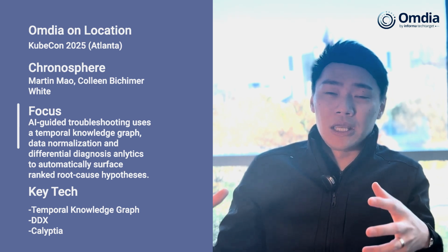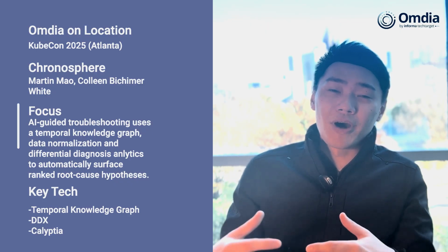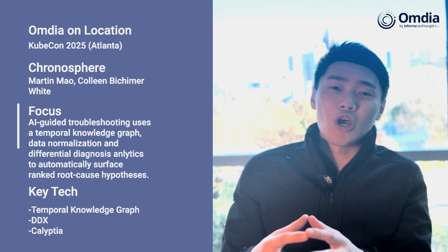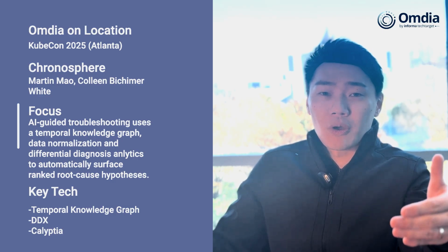So you can imagine in building this knowledge graph, we actually have to spend a lot of time and we provide a lot of features and tools to normalize all that data so that both the developers can refer to the data that they instrumented themselves in their own way, but it's also at the same time connected on the back end, so that we can build a complete knowledge graph there.